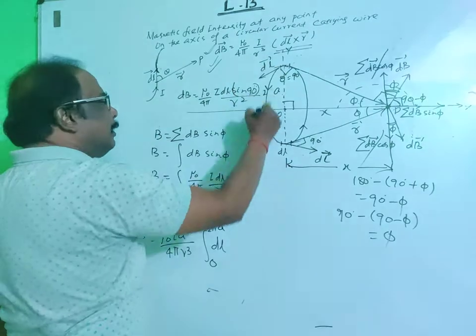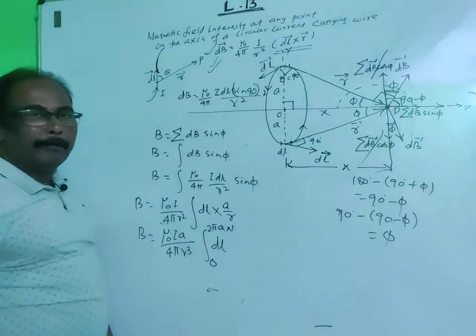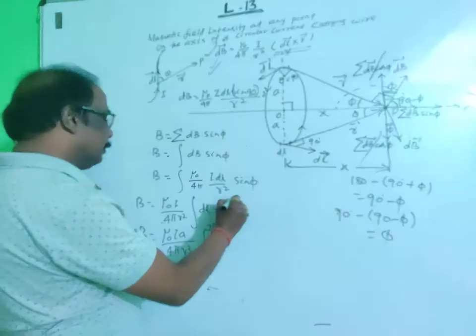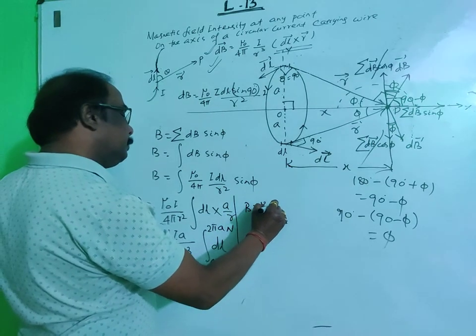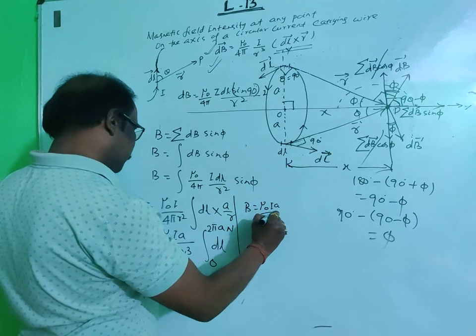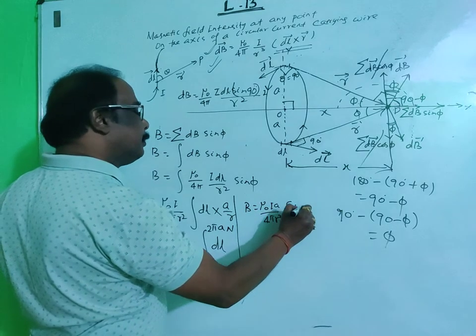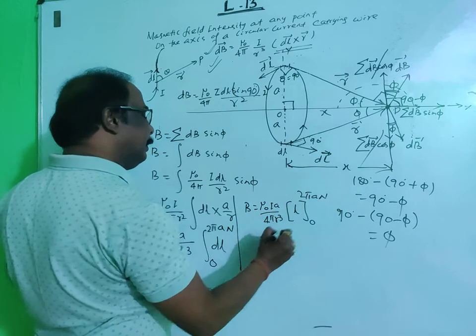If the coil contains n number of turns, then we may multiply by n. Then B is equal to mu naught n I divided by 4 pi r cube, into the integration of dl, which is L, with limit from 0 to 2 pi a.